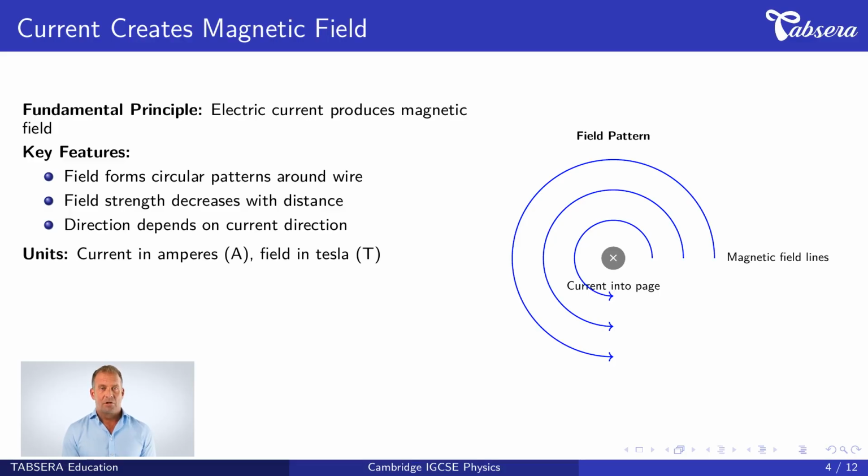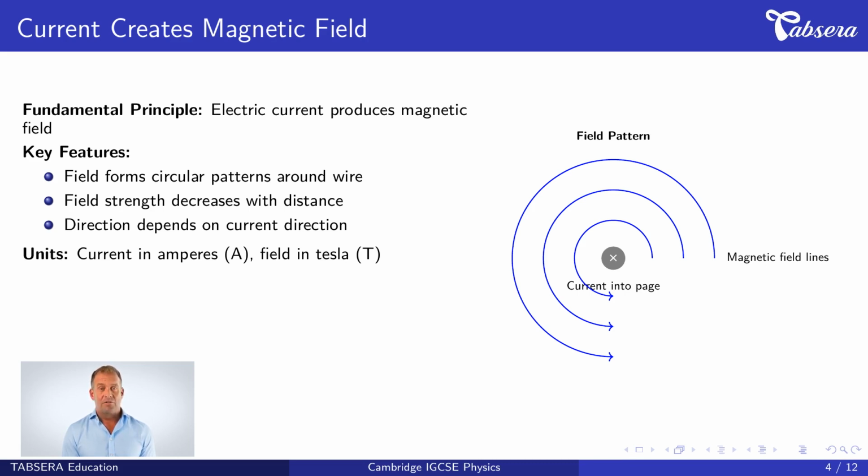Let's explore our first core concept. The fundamental principle states that electric current produces a magnetic field around the conductor. This discovery by Hans Christian Ørsted in 1820 revealed the connection between electricity and magnetism. The key features are, first, the field forms circular patterns around the wire, with the wire at the center.